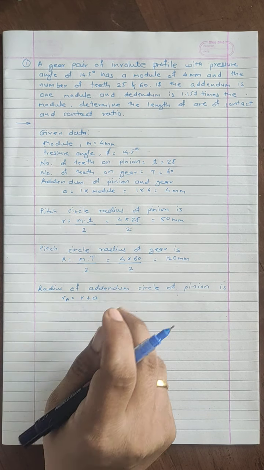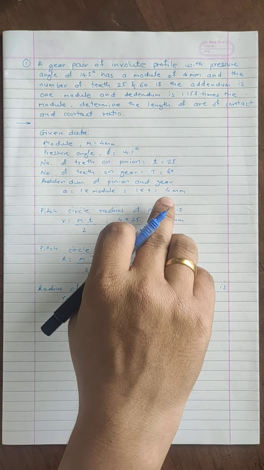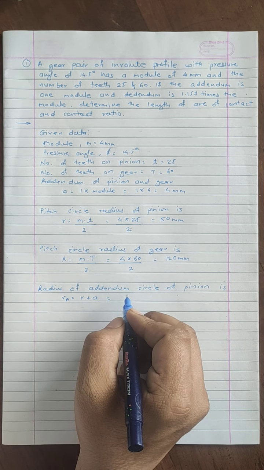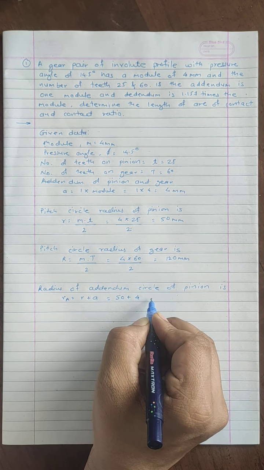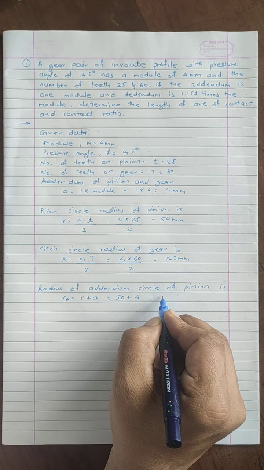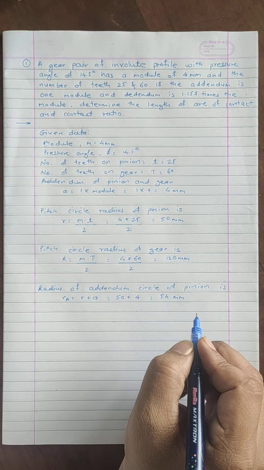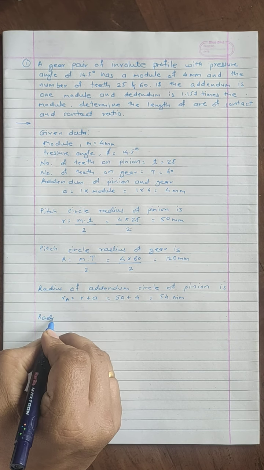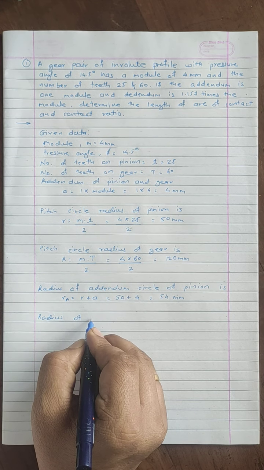This r is small r, which is calculated here, and a which we have calculated as 4, isn't it? So if you put the values, it will be 50 plus 4, which equals 54 mm.